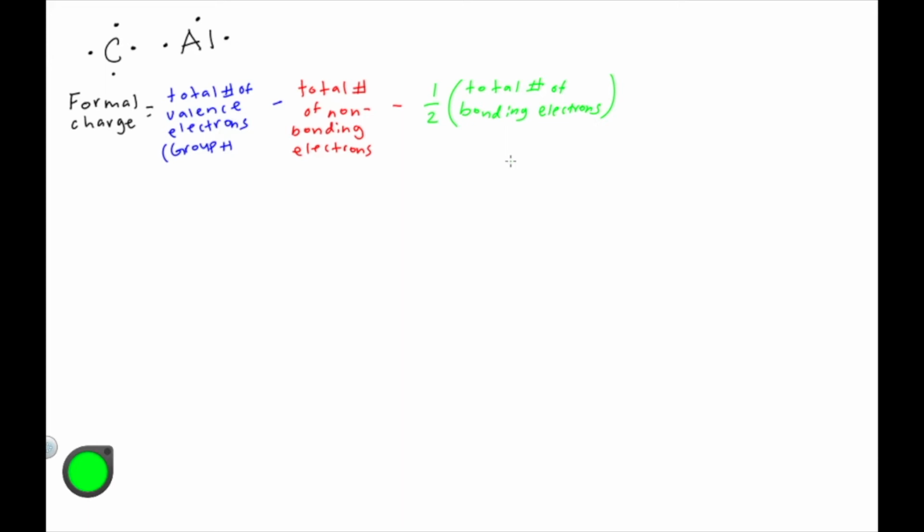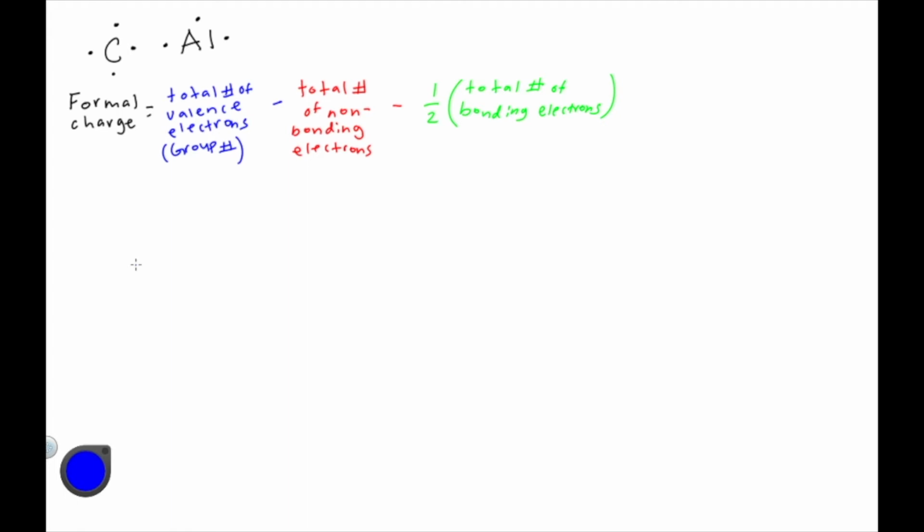So we're going to need the total number of valence electrons, which is also its group number. And then we're going to need the total number of non-bonding electrons, right? And then we're going to need 1/2 of the total number of bonding electrons. So again, the reason why we subtract 1/2 of the bonding electrons is because electrons are shared between atoms in a bond, so we divide them equally between them.